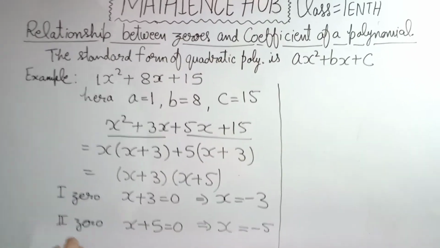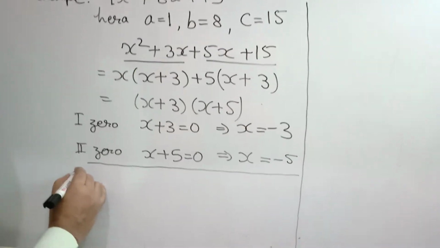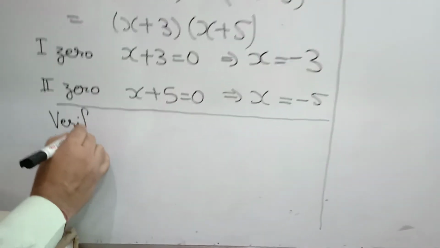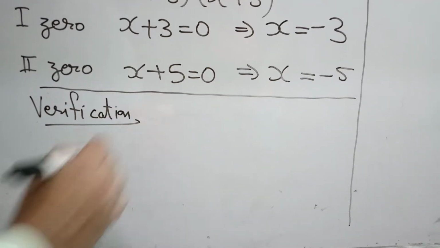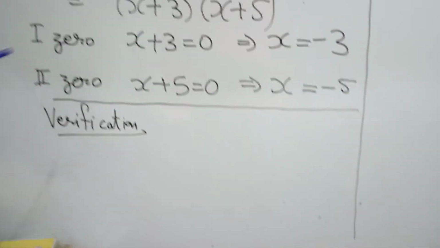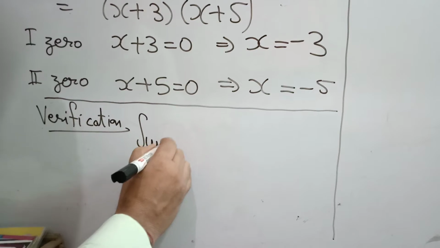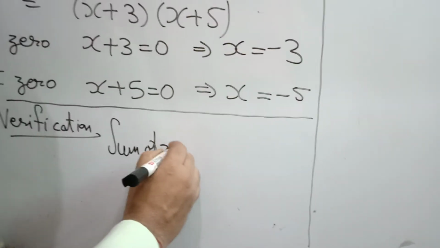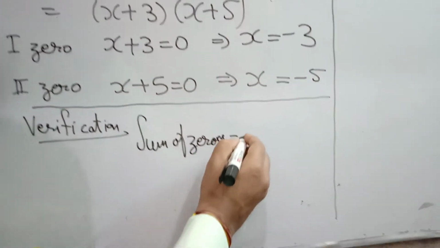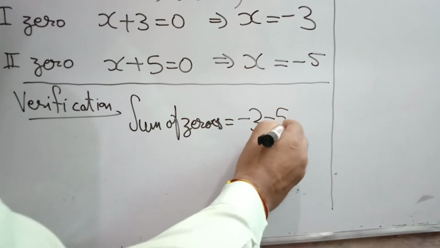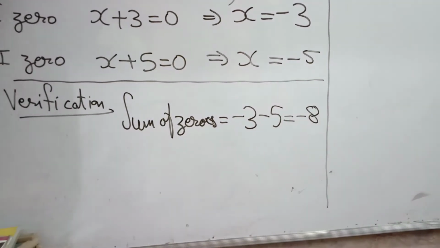In verification, first we find the sum of zeros. First zero is minus 3, second zero is minus 5. When we sum, we get minus 8.